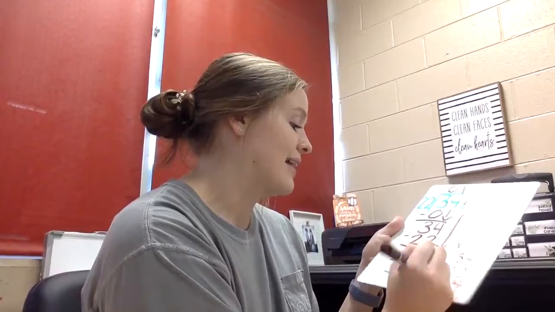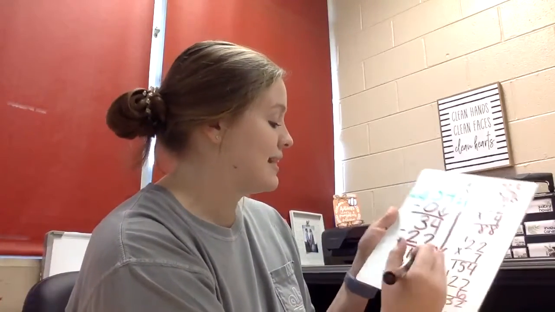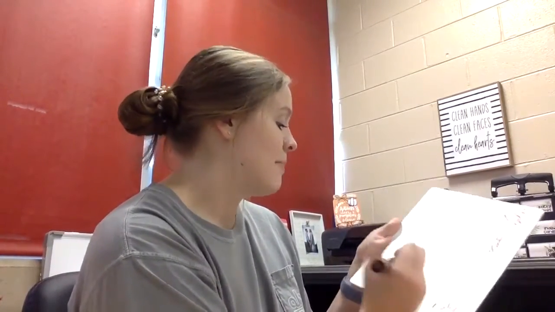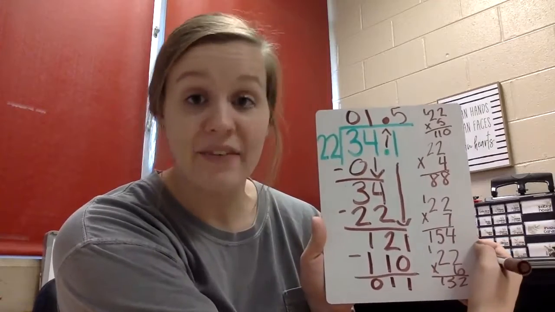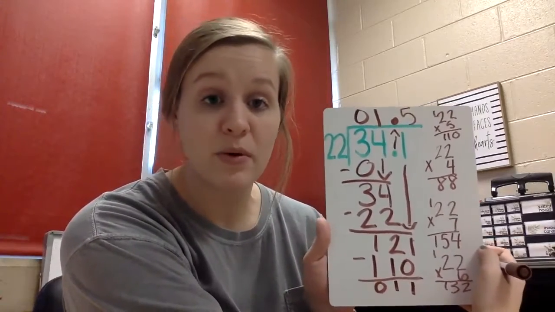So let's subtract those numbers. 1 minus 0 is 1. 2 minus 1 is 1, and 1 minus 1 is 0. Now, what do you do with that 11? Just like in a normal division problem, when you have a decimal, guess what? You cannot have a remainder when you have a decimal.